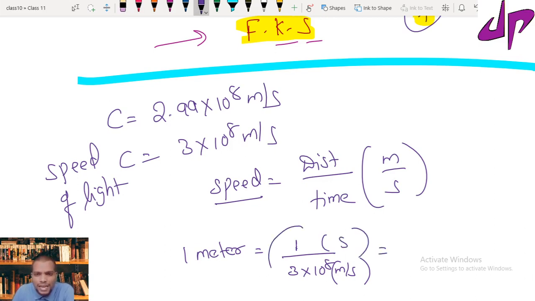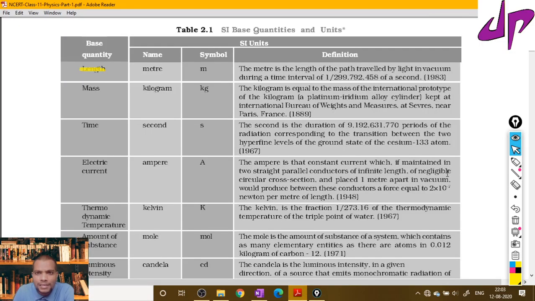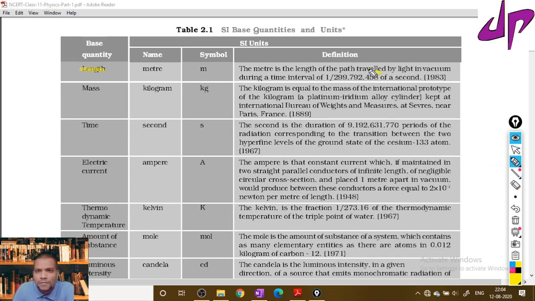Now if you do this calculation, that is also in vacuum, so that we define as 1 meter. That's the definition we are getting: the meter is the length of the path traveled by light in vacuum during a time interval of 1 over 299, so this is the big number, the value of the speed of light.